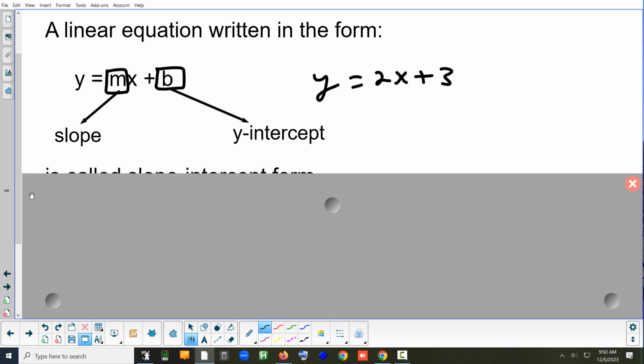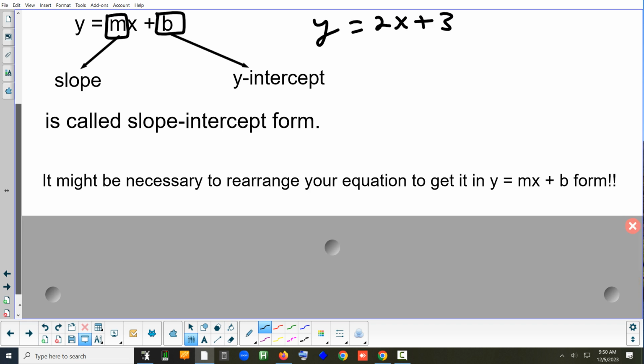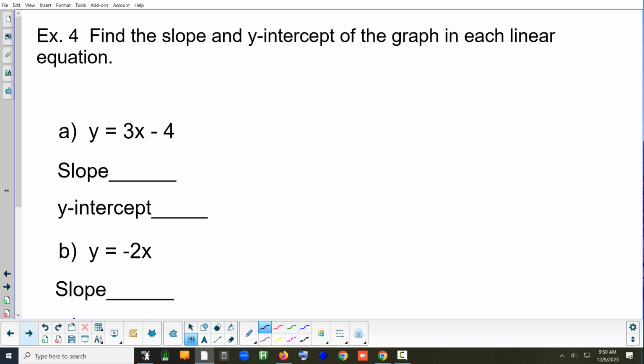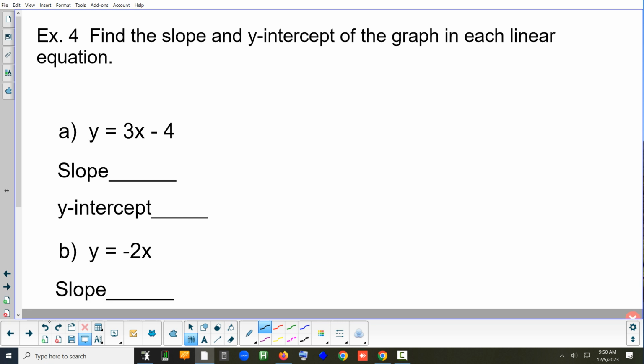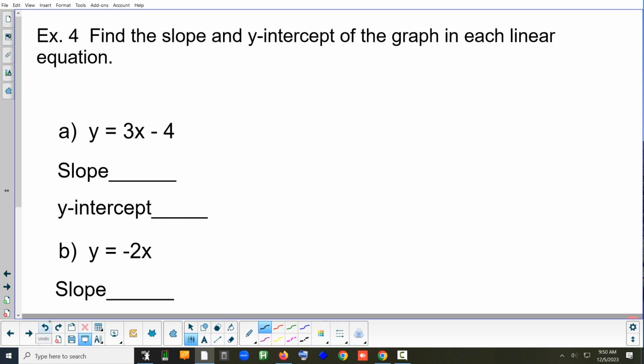Let's try, I got A, B, and C. Let's just do A and B. Looking at A, what number is the slope? 3. You don't have to do the formula, you don't have to count anything. The slope is always the number in front of x when it's written as a formula. And what about the y-intercept?